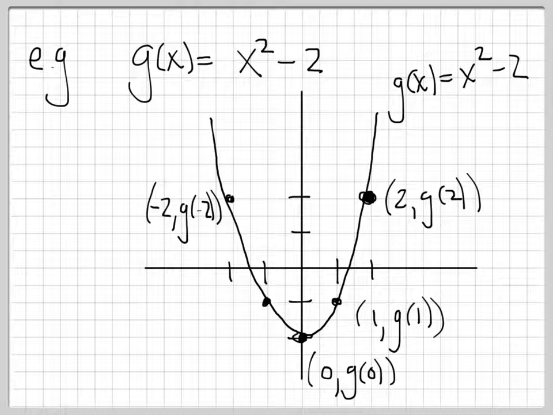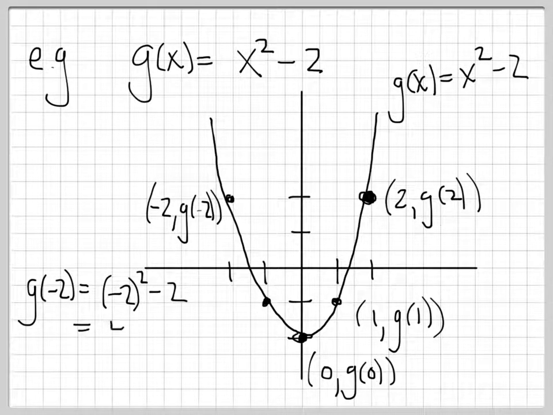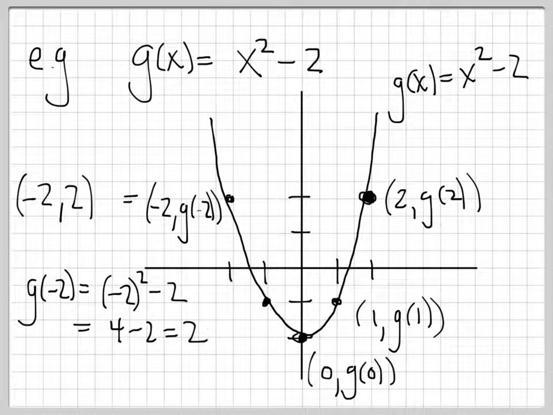So let's go ahead and just calculate a couple to make sure that this makes sense. g of -2 is -2 squared minus 2, which is 4 minus 2, which is 2. And so this should be (-2, 2). And again, there's y equals 2, and so it is.